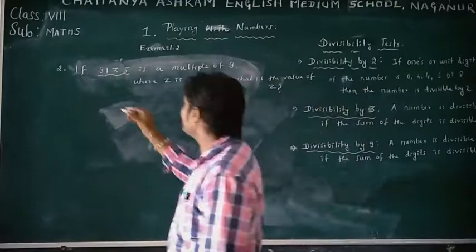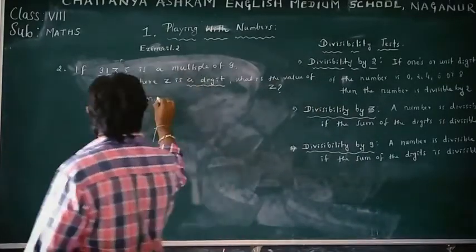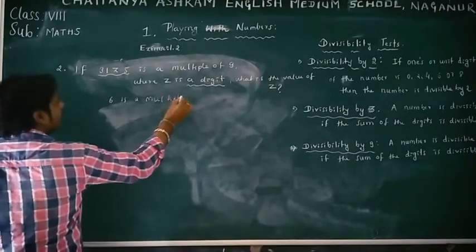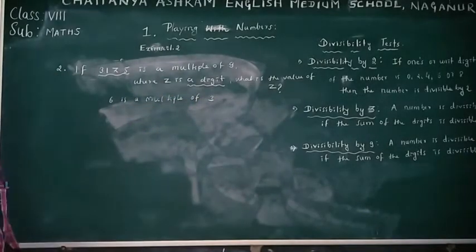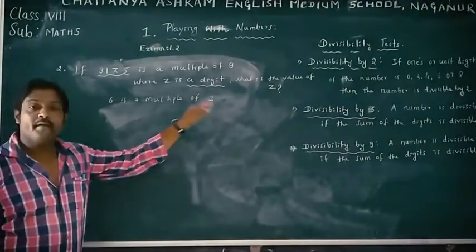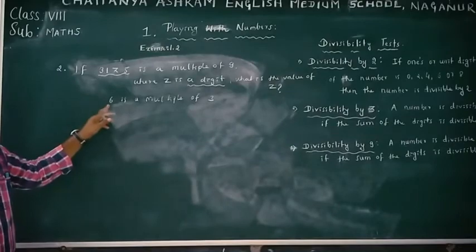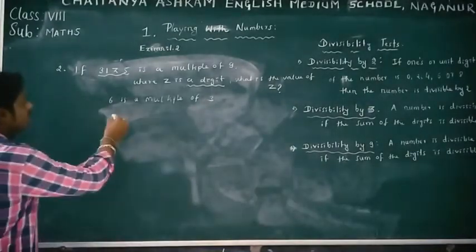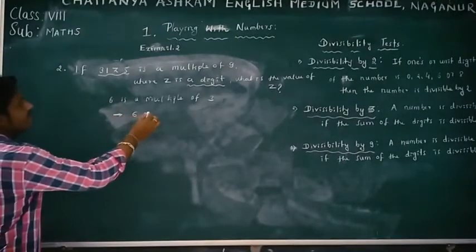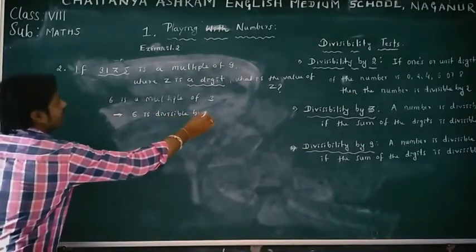See here once again, 6 is a multiple of 3. What does it imply? 3 divides 6 completely, or 6 is divisible by 3.